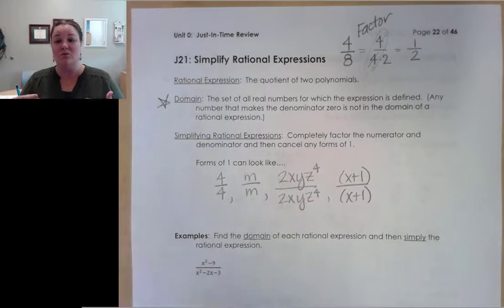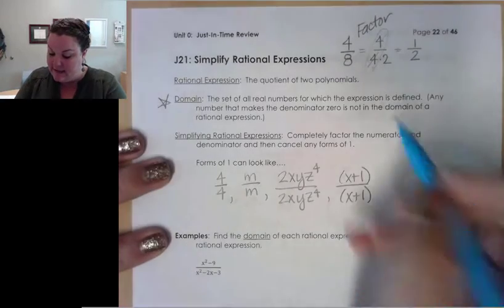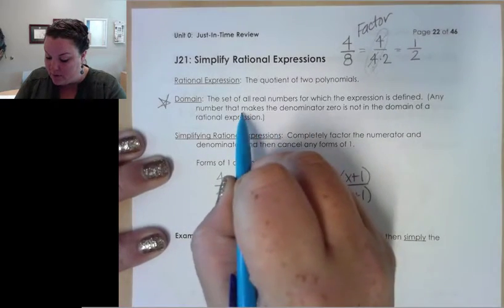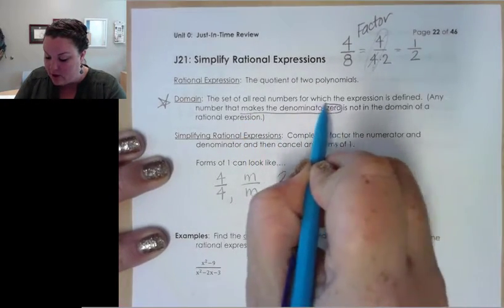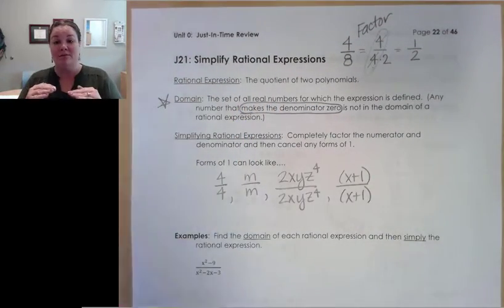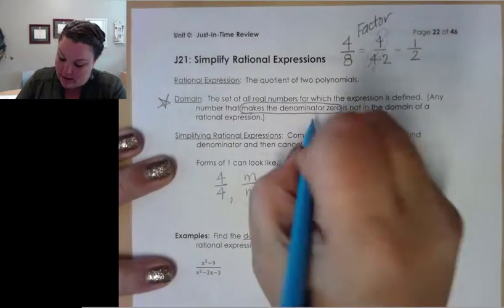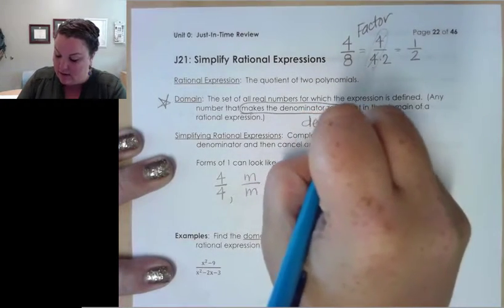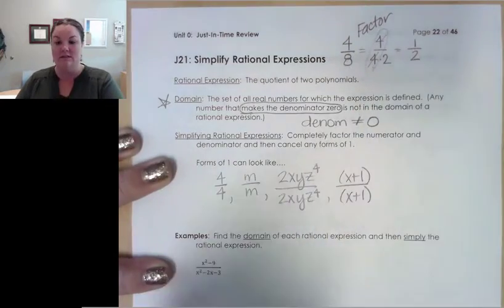So the issues we have to worry about when we're dealing with a fraction or a rational expression is that there are some numbers that make the denominator 0. The denominator, or the bottom of a rational expression, cannot equal 0.